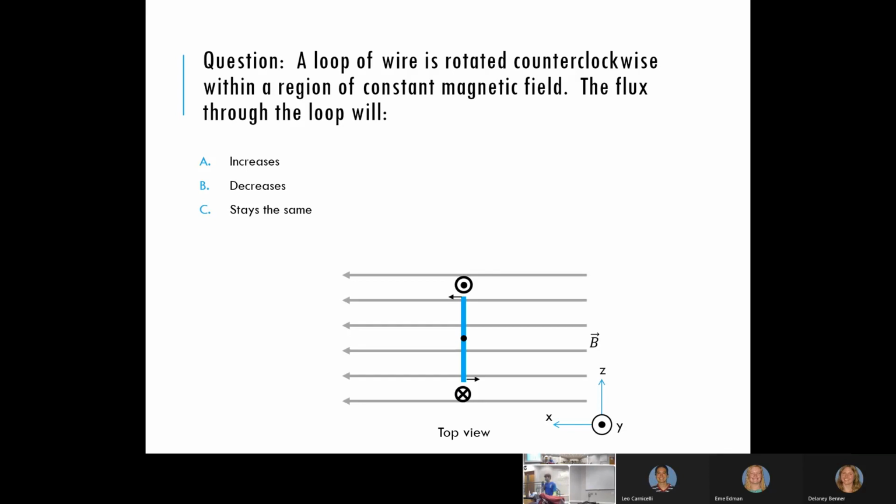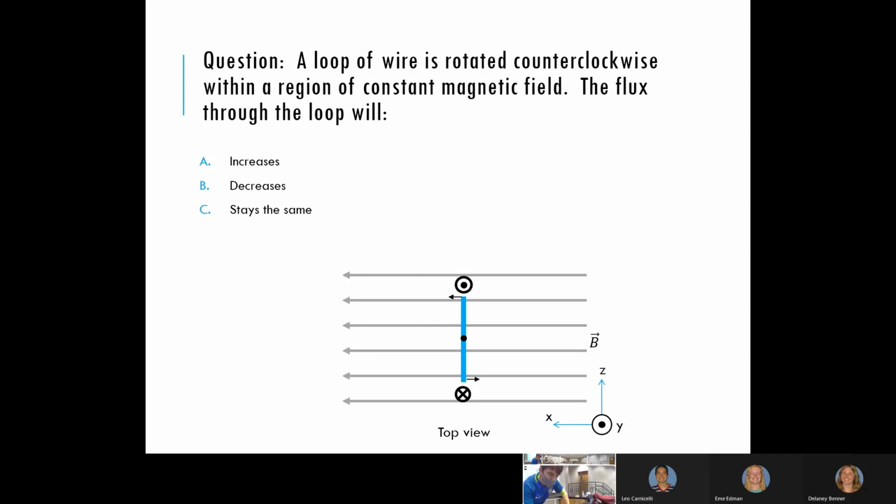So what do we have here? Think of a loop of wire, but it's a top-down view. I've got a pivot point here in the center. I was thinking of the wire rotating, the bottom side going to the right, the top side going to the left, and it looks like I have shamelessly included some current.